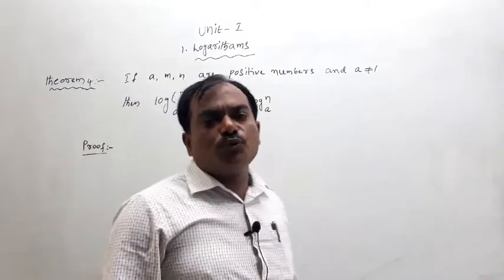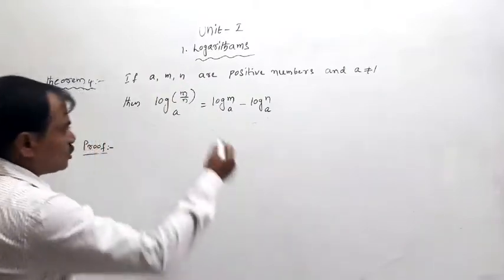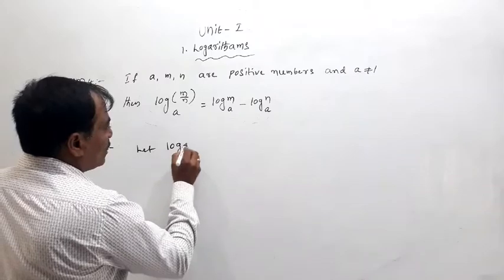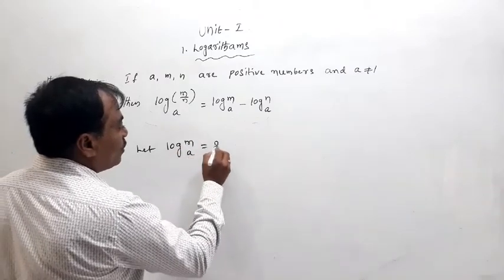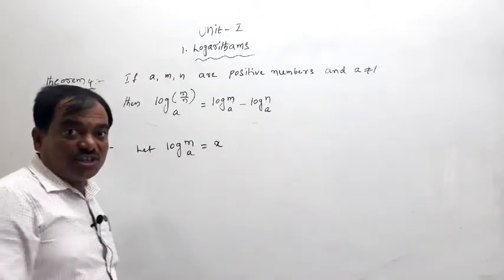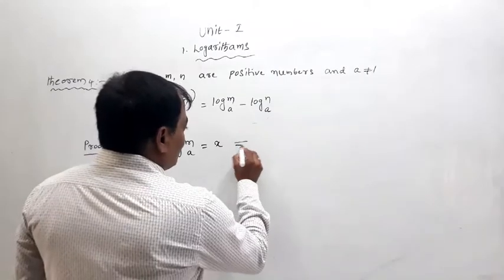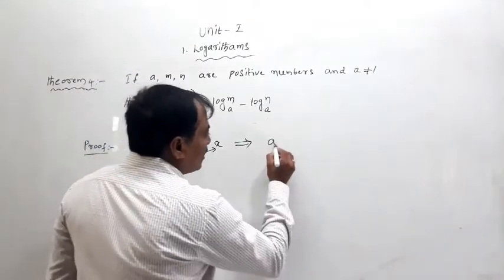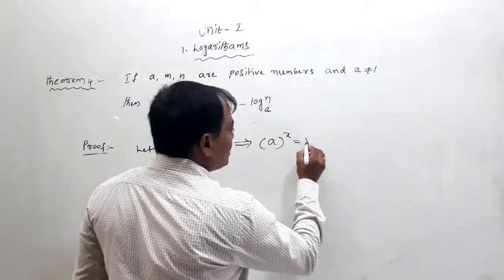In order to prove this one, we have to assume the left hand side values. Let us assume log m to the base a equal to another number x. By the definition of the logarithm, we can write a to the power of x equal to m.